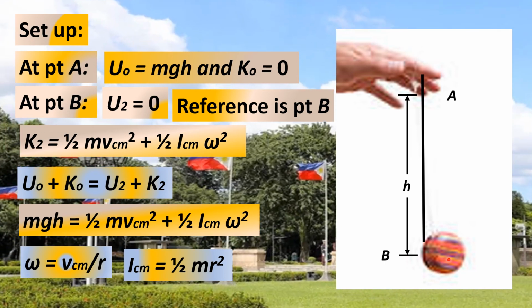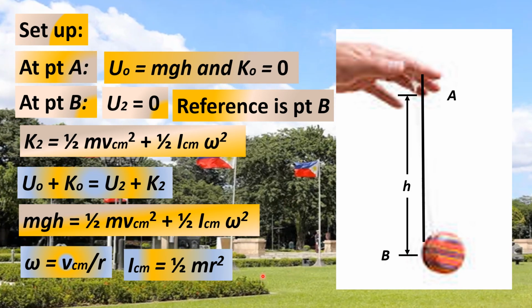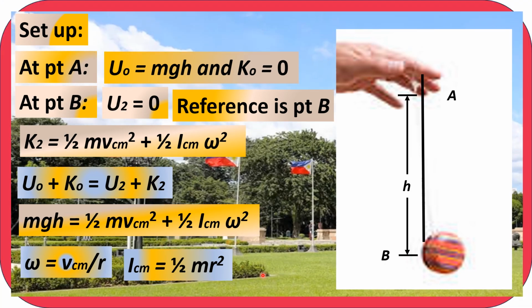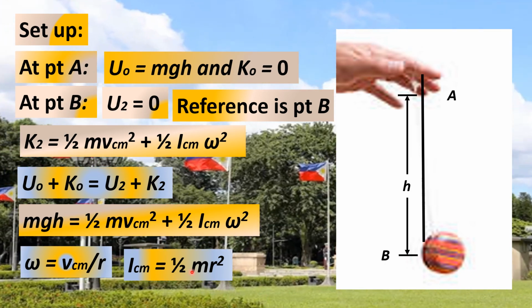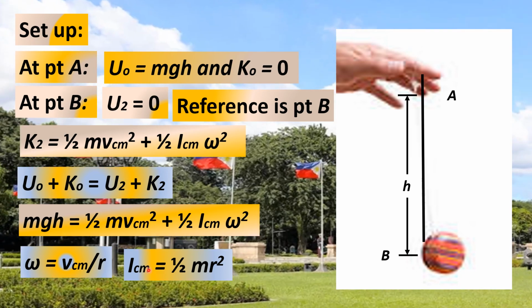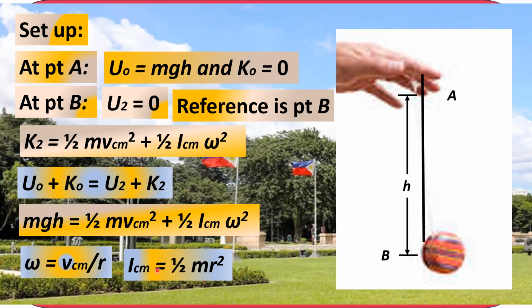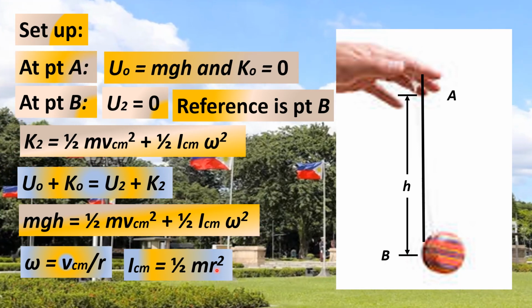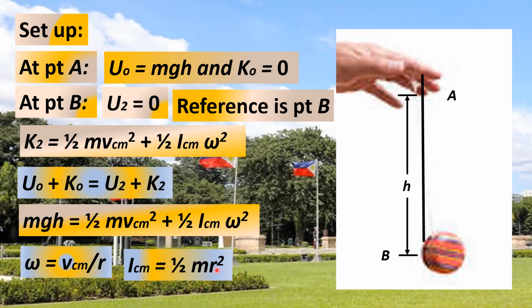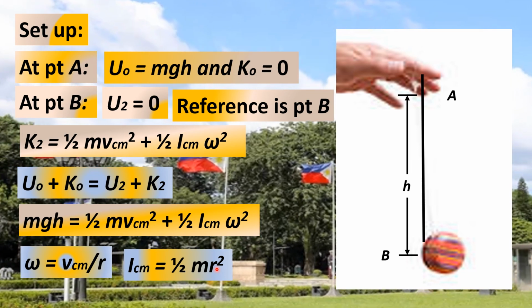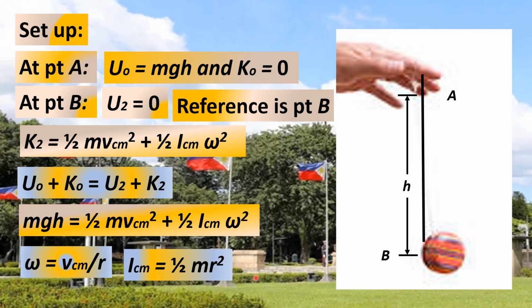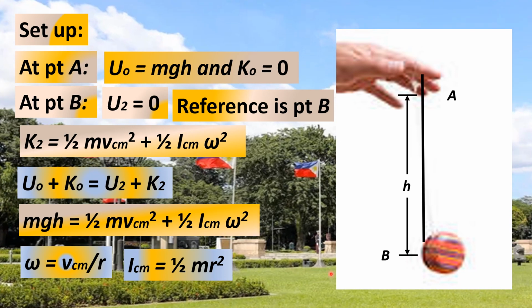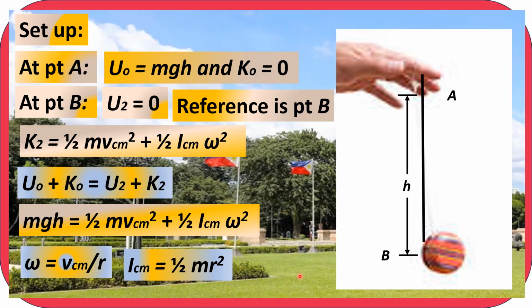The yo-yo, incidentally, has the shape of a solid cylinder. So its moment of inertia about its center of mass is just equal to 1 half times the mass and the square of the radius. The radius of the cross-sectional area of the cylinder.